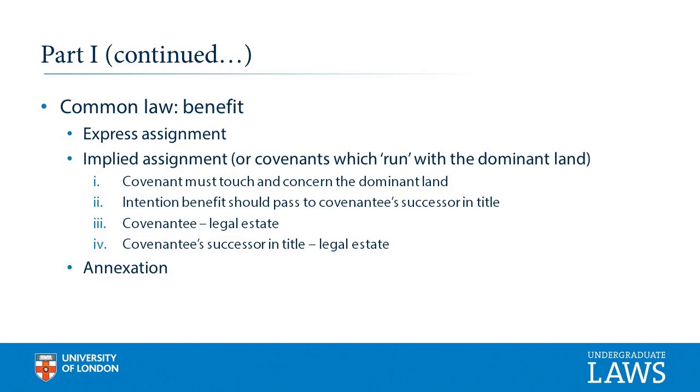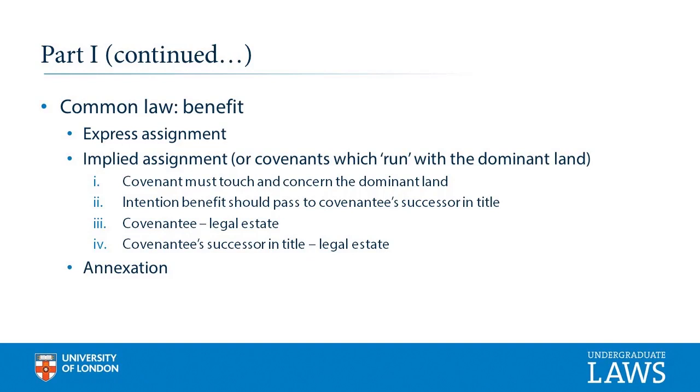A covenantee's successor in title will acquire the benefit of any covenants which run with the dominant land. This is commonly, albeit not invariably, described as implied assignment. The implication here arises by operation of law rather than by reference to the covenanting party's intention.